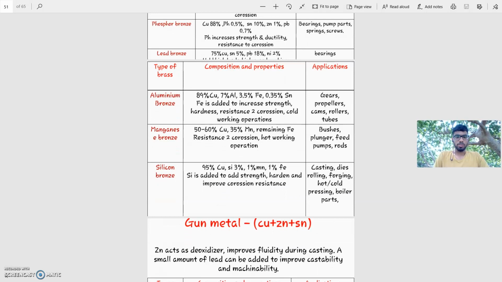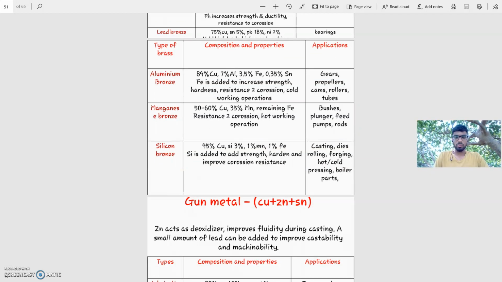Aluminium bronze: 89% copper, aluminium 3.5%, iron 0.35%. Iron is added to increase the strength, hardness, resistance to corrosion, and cold working operations. They are used to make gears, propellers, cams, rollers, and tubes. Manganese bronze: 50 to 60% copper, manganese 35%, remaining Fe.